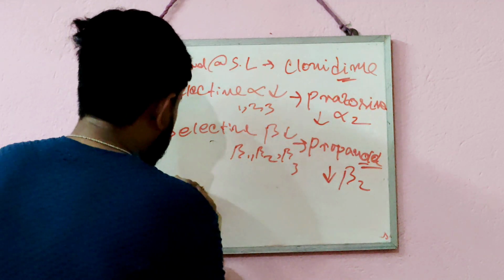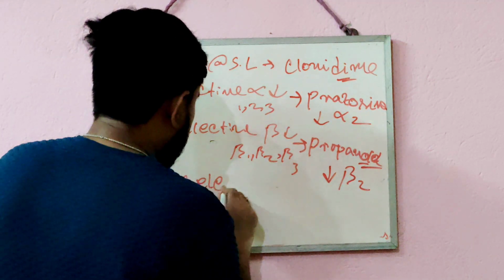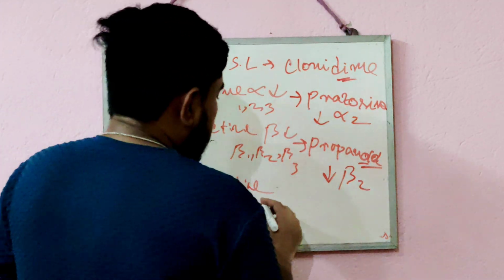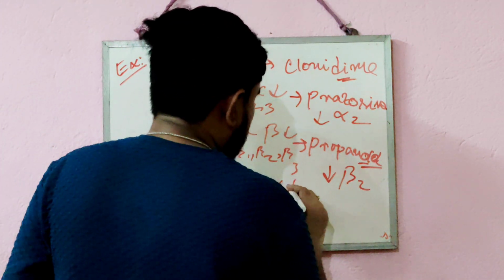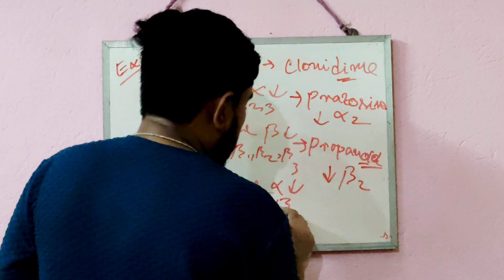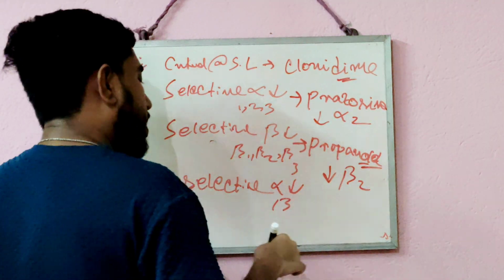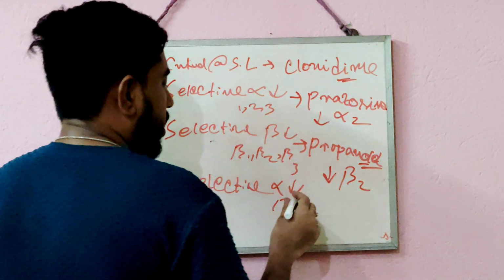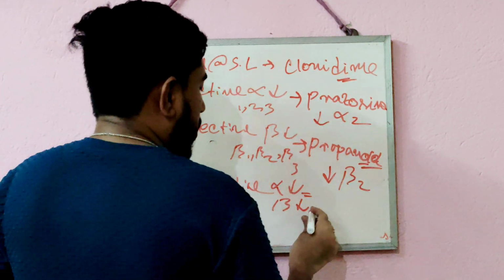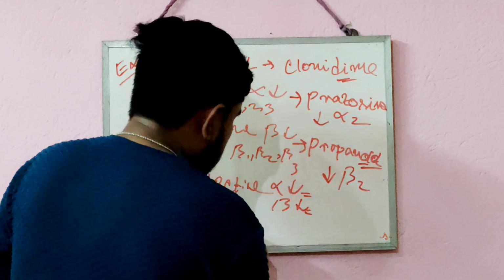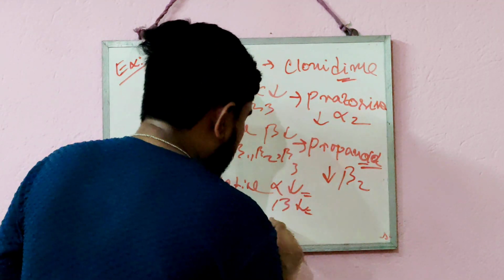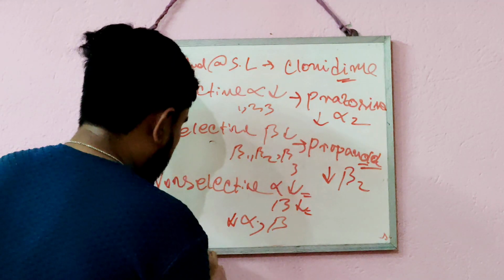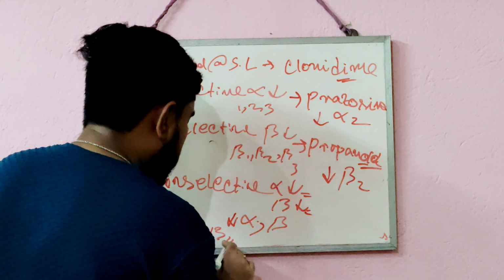Now we will study non-selective sympatholytics. Here it can block the action of alpha 1, alpha 2, or beta 1, beta 2, beta 3. So they can act by inhibiting alpha or beta, or they can inhibit the action of both alpha and beta. That means it will inhibit the action of alpha 1, 2 and beta 1, 2, 3.